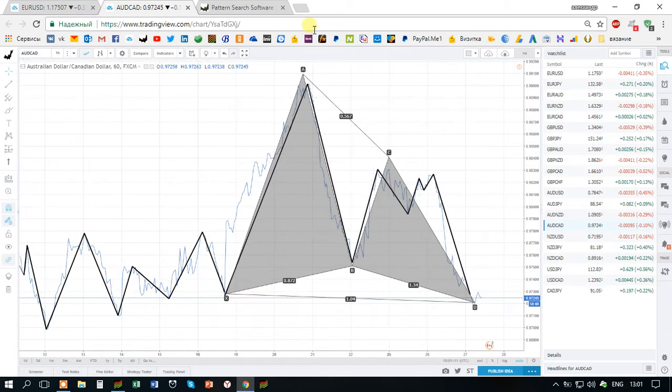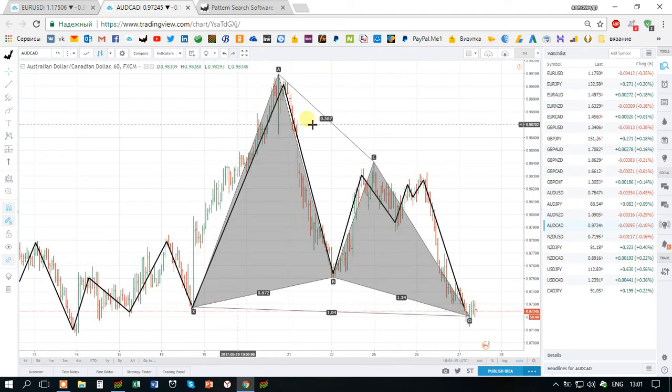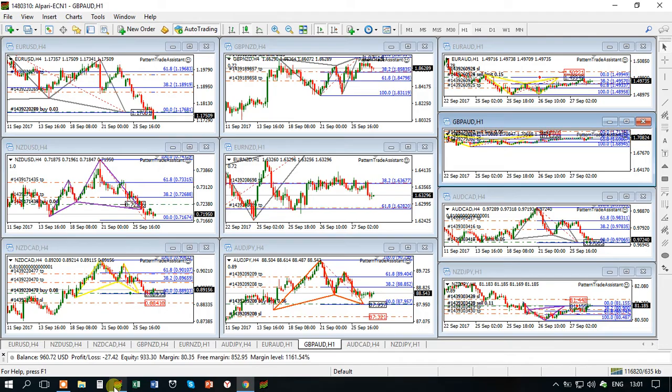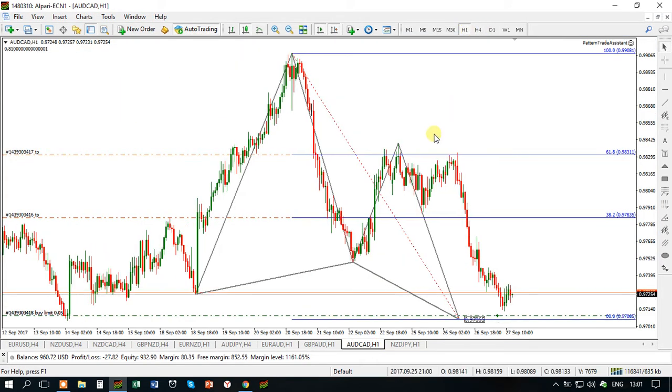Aussie Canadian is the butterfly pattern. Here is how it looks on TradingView, and let me switch to my MetaTrader 4 platform. Aussie Canadian, I think I have already set this trade. It is a 1 hour based trade, but I switched that to 4 hour, not to trade it based on 4 hour, but to see it a bit smaller.